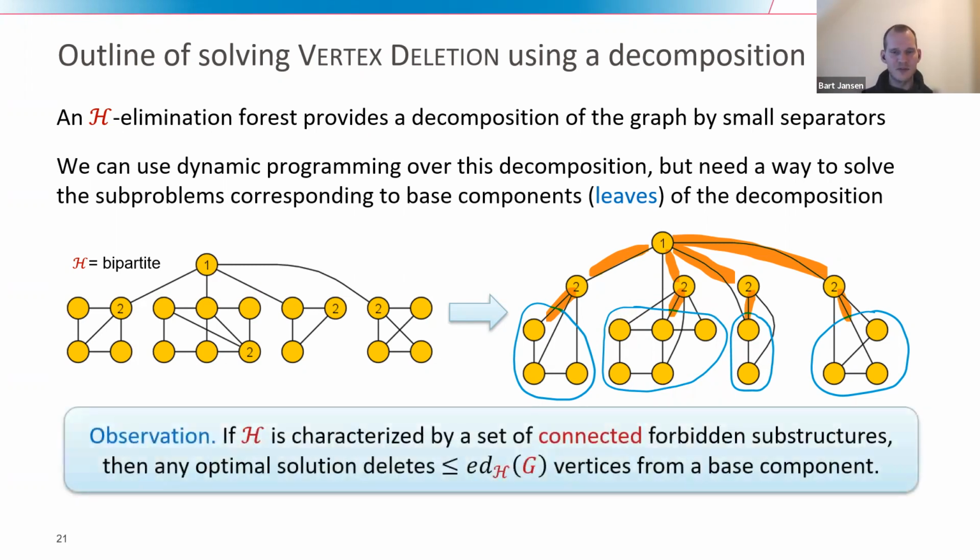And then the key observation is that as long as your target family can be characterized by a set of connected forbidden substructures, that's why we had requirements on connected substructures in our list of results, then any optimal solution will not delete a large number of vertices from such a base component.